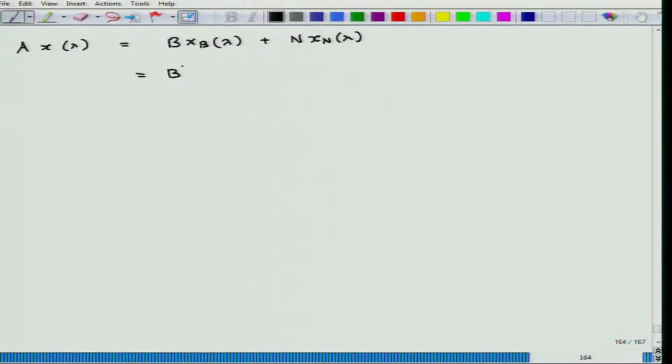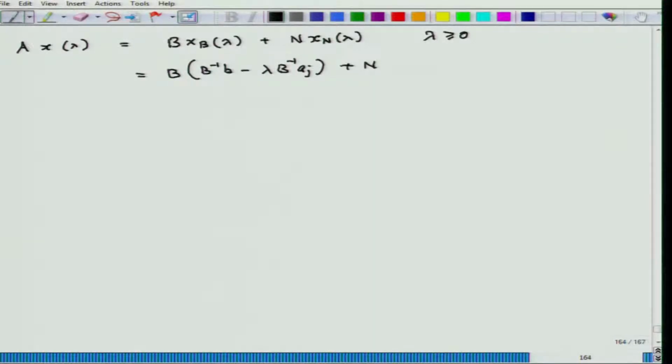What is x_B lambda? x_B lambda by definition is B inverse b minus lambda B inverse A_j. For me now lambda is greater than or equal to 0, because that is when it is feasible. Now x_N has two parts: at the non-j components it is 0, and at the jth component it is lambda.